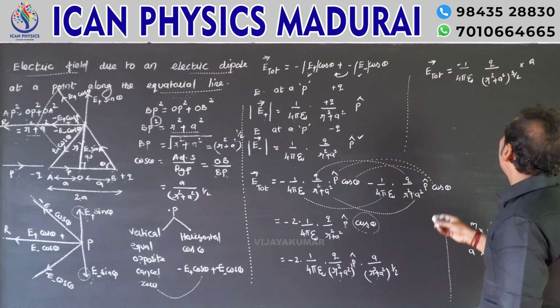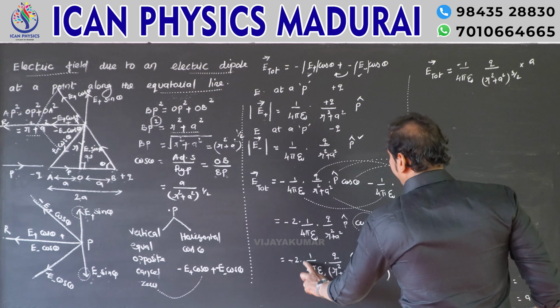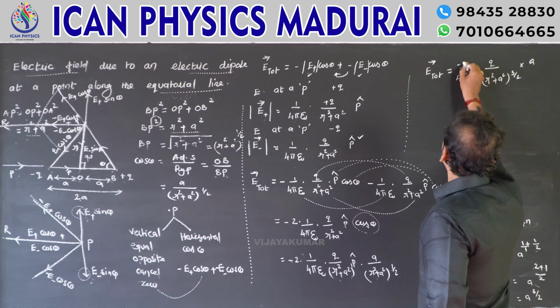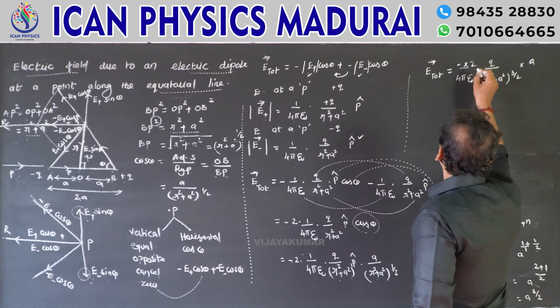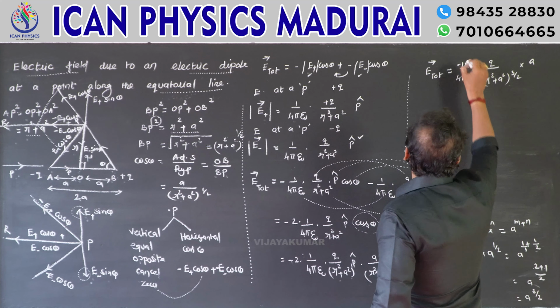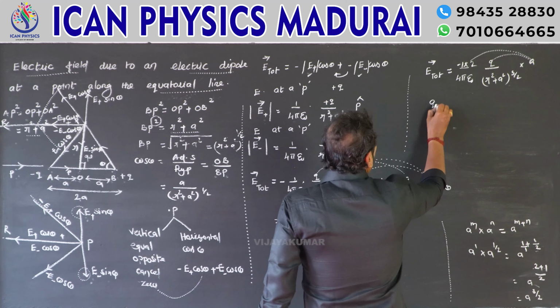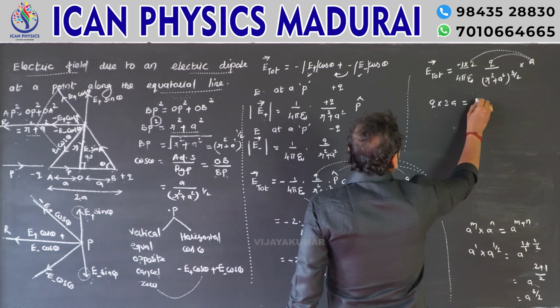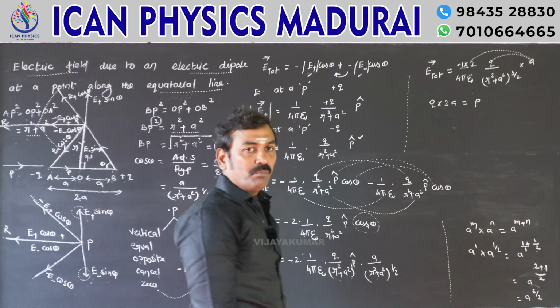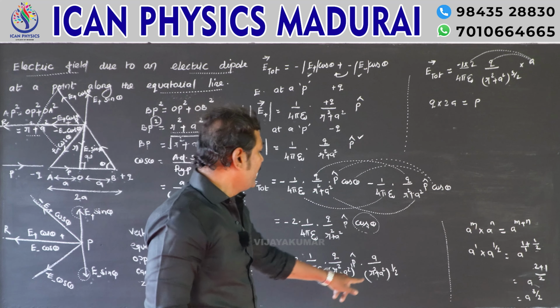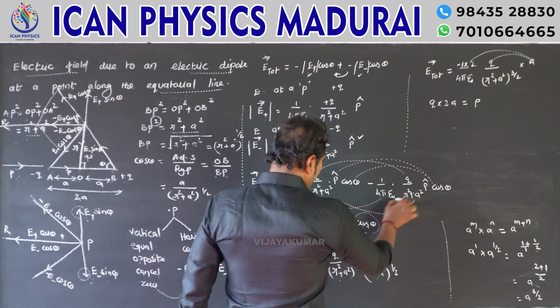Here we have a 2. Now just see the numerator: Q into 2a is nothing but the dipole moment, and here we have P cap.